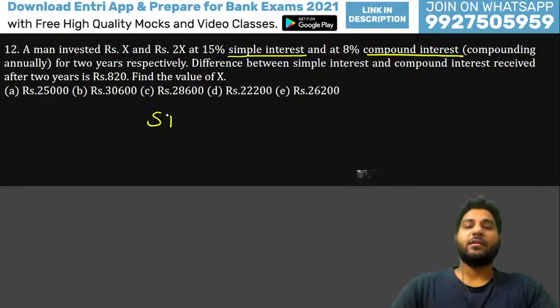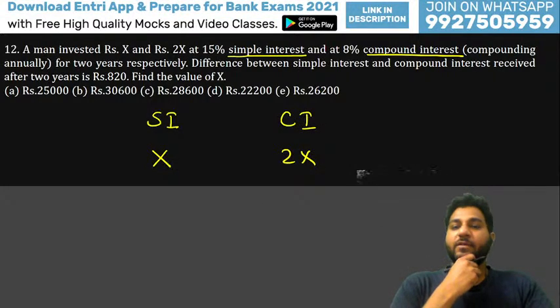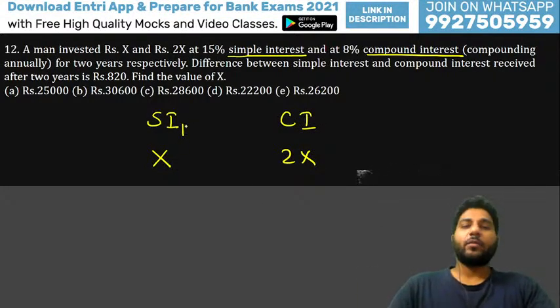So some amount, X or 2X, has been invested. SI provides 15% rate and CI provides 8% rate. Okay, so I hope you all have got it.